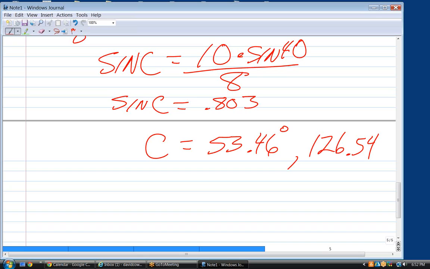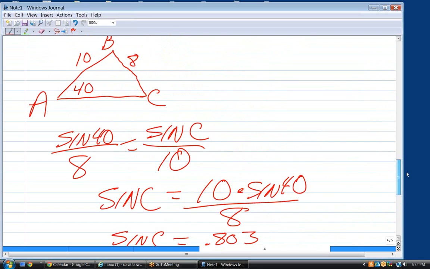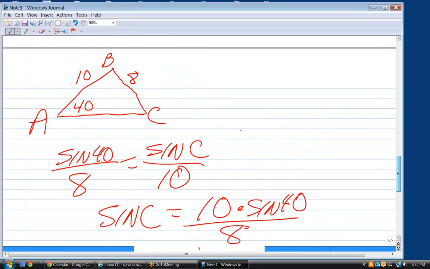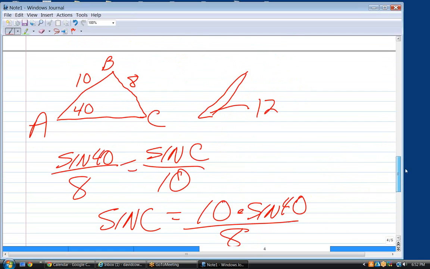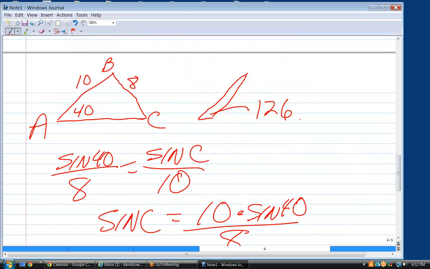Okay. Now, can we have that angle for angle C? Well, if I go up, yes we can. In other words, if I draw the thing like this, it would be possible to stick a 126 degree angle in there.